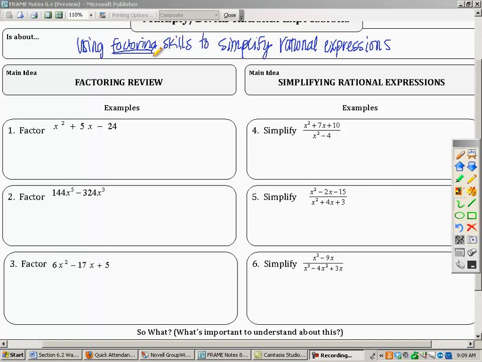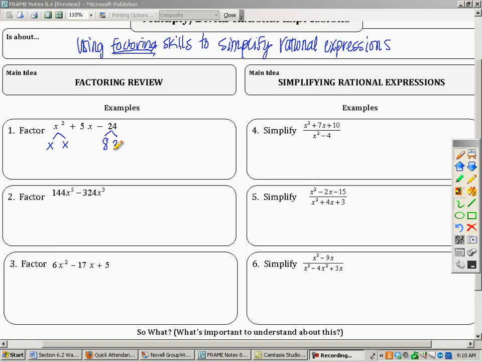In number 1, they ask you to factor x squared plus 5x minus 24. Well, we know it's a trinomial, so we look at the first term, which we can break apart as x times x, and we look at our constant term, the last term, and say, how do we get 24? Well, as I look at 24, I know that 8 times 3 is 24, and the reason I pick 8 and 3 is because 8 and 3 can somehow be manipulated to add to 5.